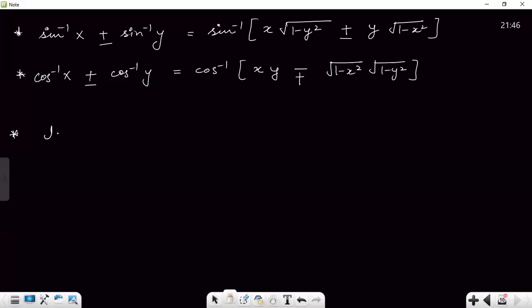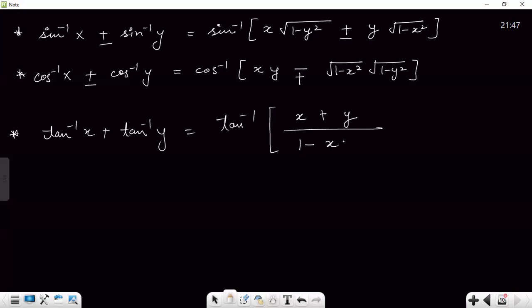Okay. For tan inverse of x plus tan inverse of y, it will become tan inverse of x plus y divided by 1 minus xy.